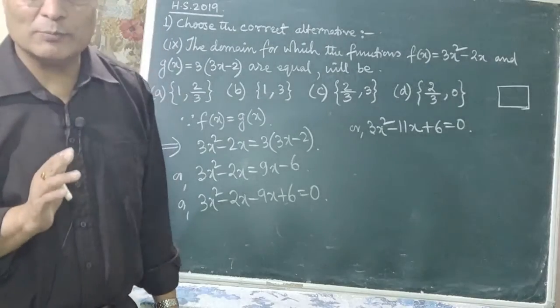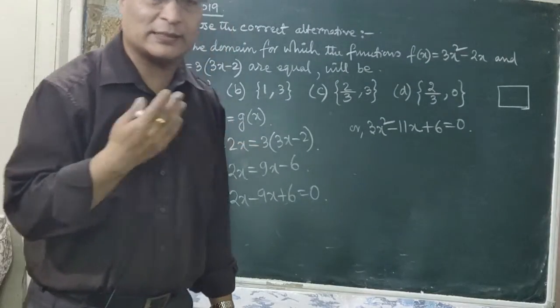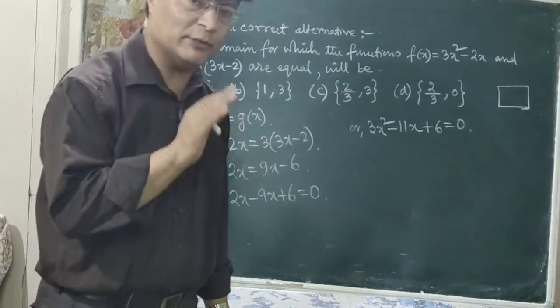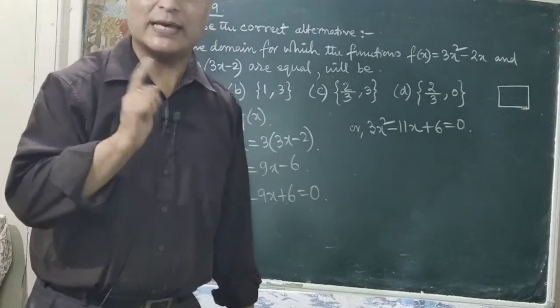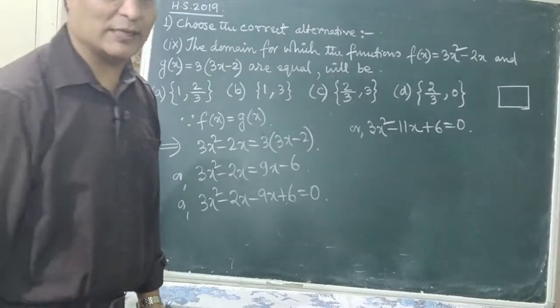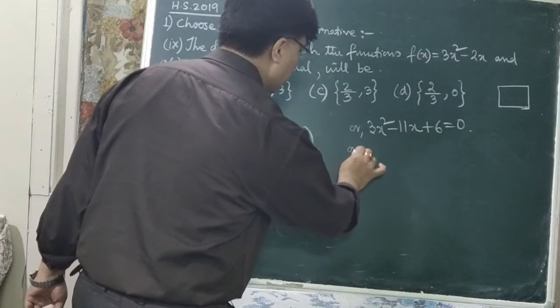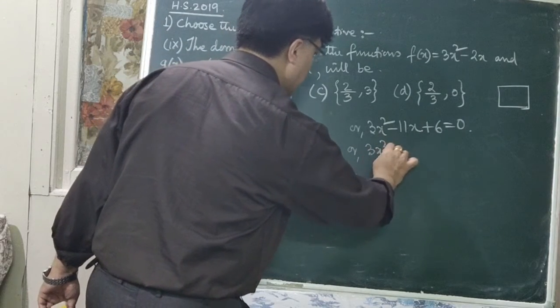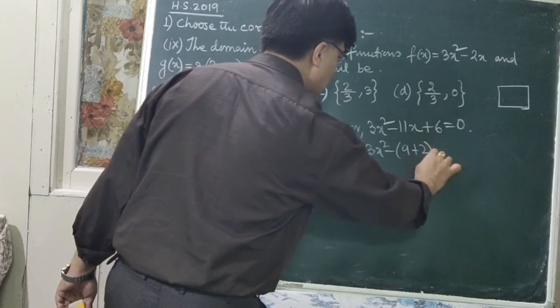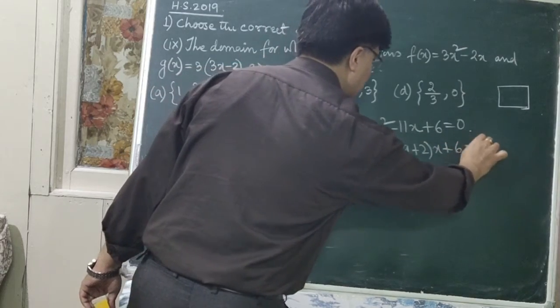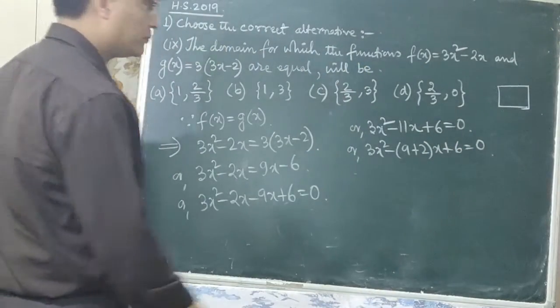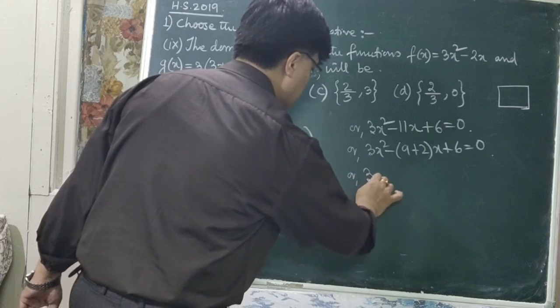So what are those two numbers? If you multiply them, you will get 18. And if you add them, you should get 11. That is 9 2s are 18. 9 plus 2 is 11, right? So this is 3x square minus within bracket 9 plus 2 into x plus 6, which is equal to 0. Okay. So, or this is your 3x square.